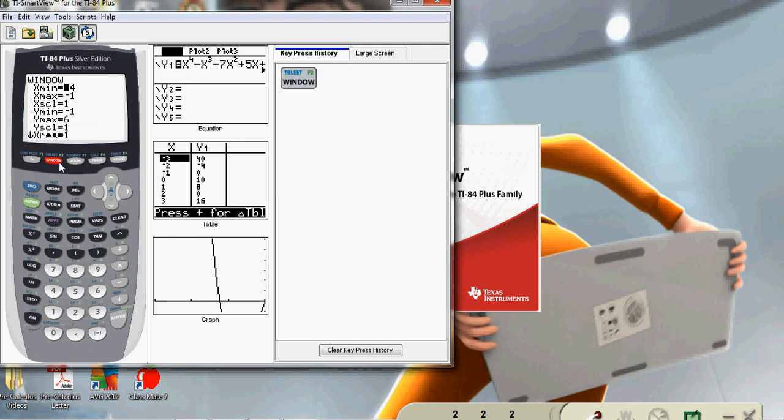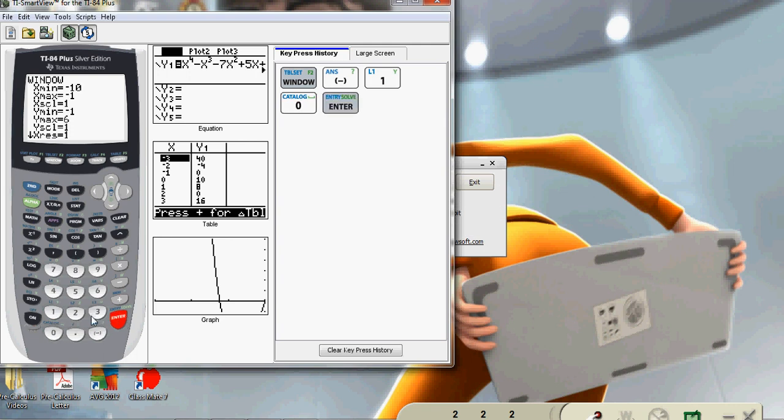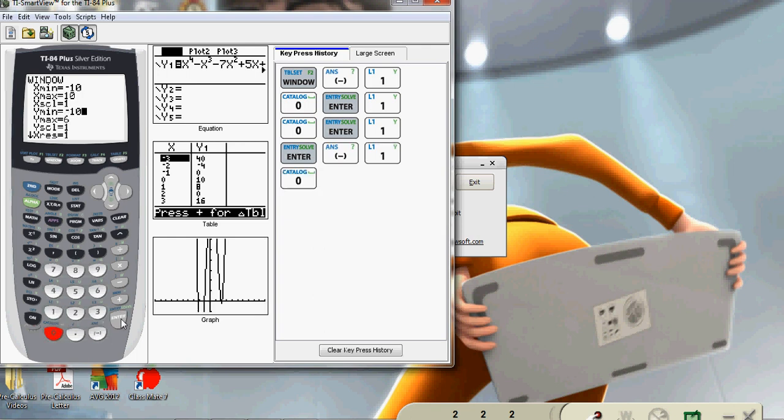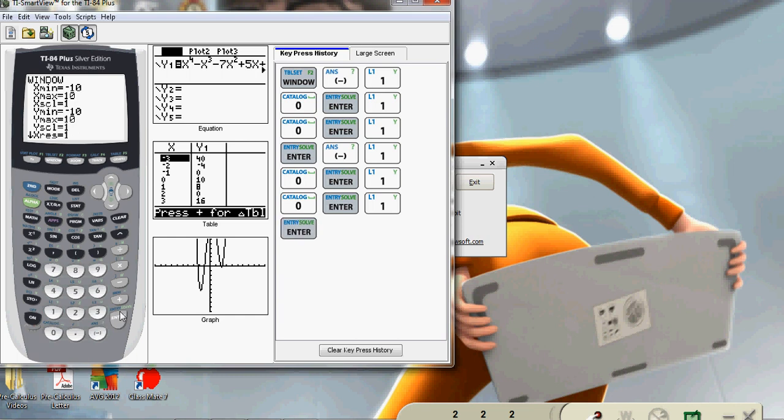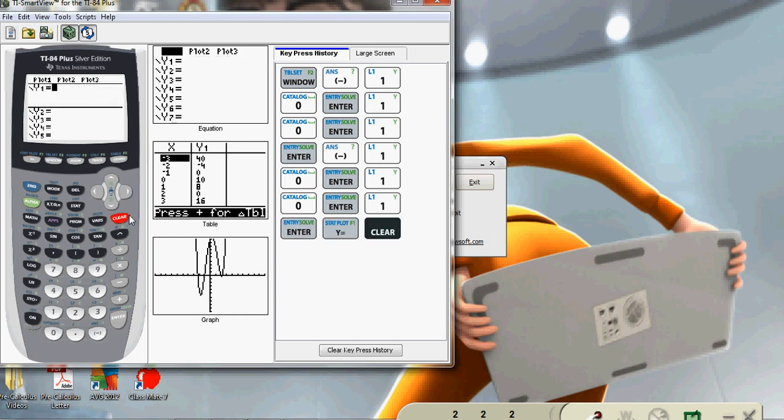Now let's start out. Let's assume the default window, negative 10, 10, 1, and negative 10, 10, 1. And then go to y equals, clear out anything that we have. And to get into absolute value, I go to math. And I need to think, there it is.